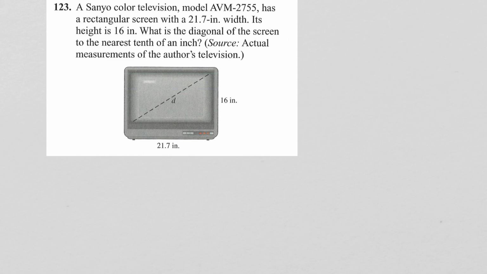Okay, so Pythagorean theorem, this is a right triangle. That's a square, right angle there. So the sum of the squares of the legs, so 21.7 squared plus 16 squared is equal to the square of the hypotenuse. I'm going to use a calculator. 21.7 squared is 470.89. 16 squared is 256, is d squared.